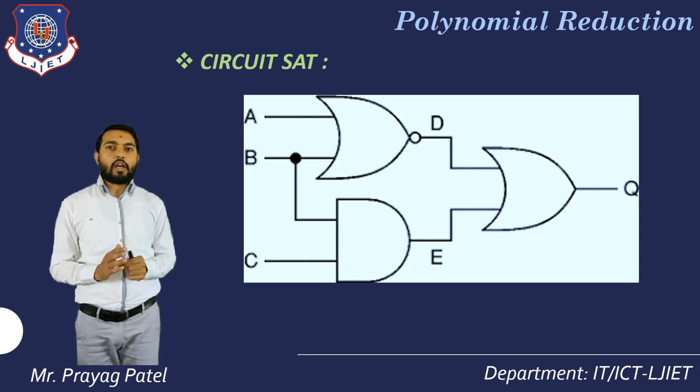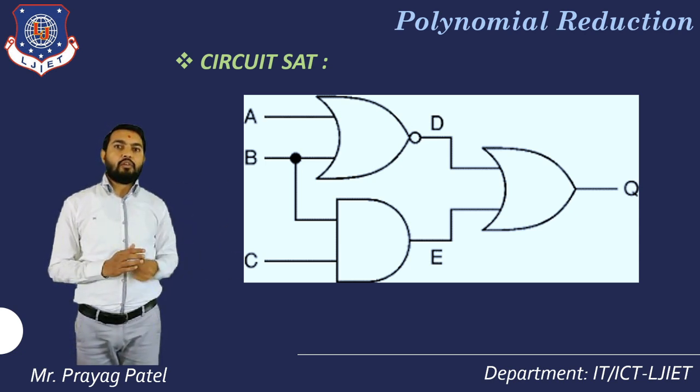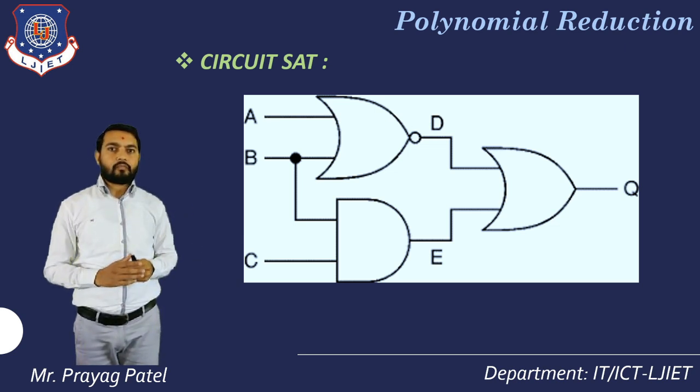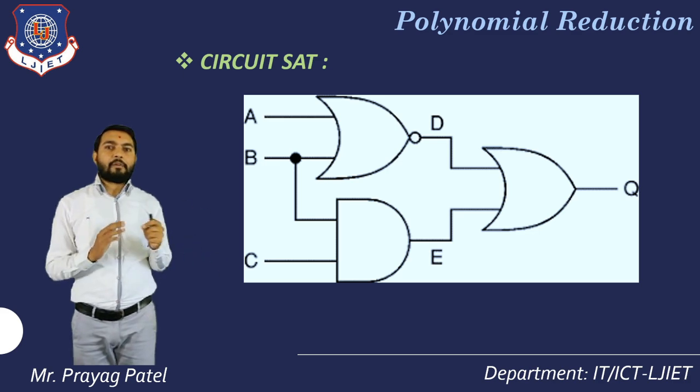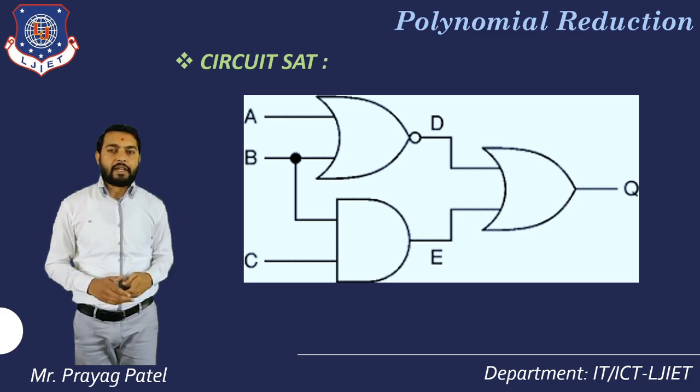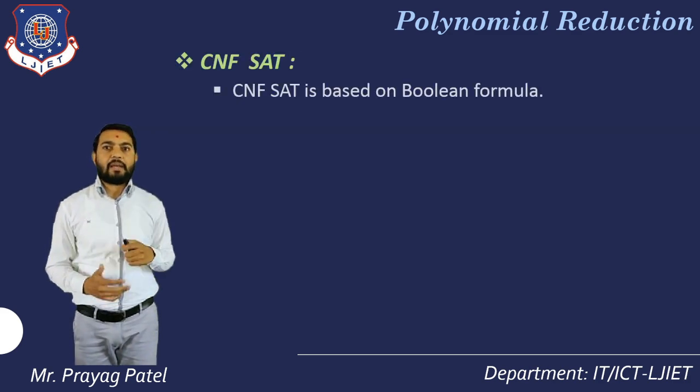So here we use the OR gate, then XOR gate, then XOR, then NOT gate, AND gate, OR gate, NOT gate, like this. For the given problem we have to construct this type of circuit. It is called circuit set. Now the next step is CNF set.